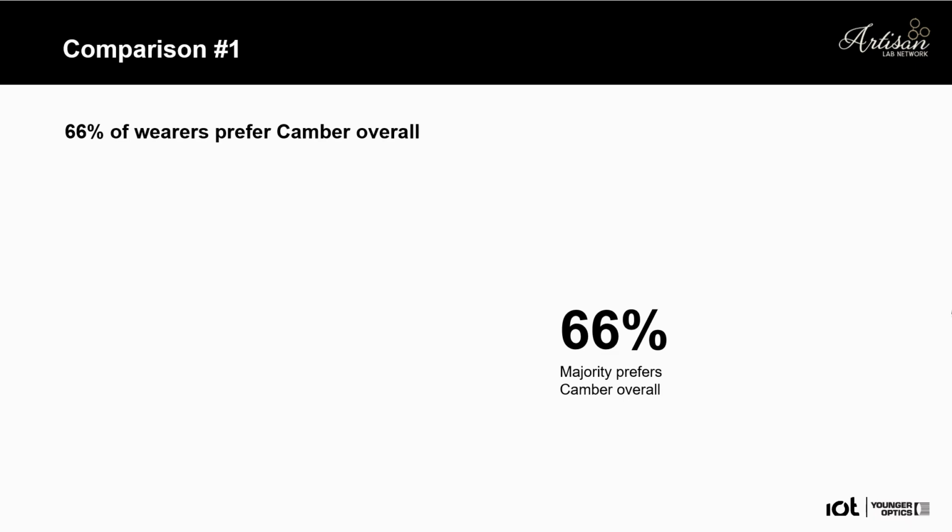When asked, which lens do you prefer the most? 66% of the wearers preferred the Camber overall. This is really an amazing result, since remember, the only difference between the two finished prescriptions was one was processed from a single vision lens blank and the other from the Camber lens blank.